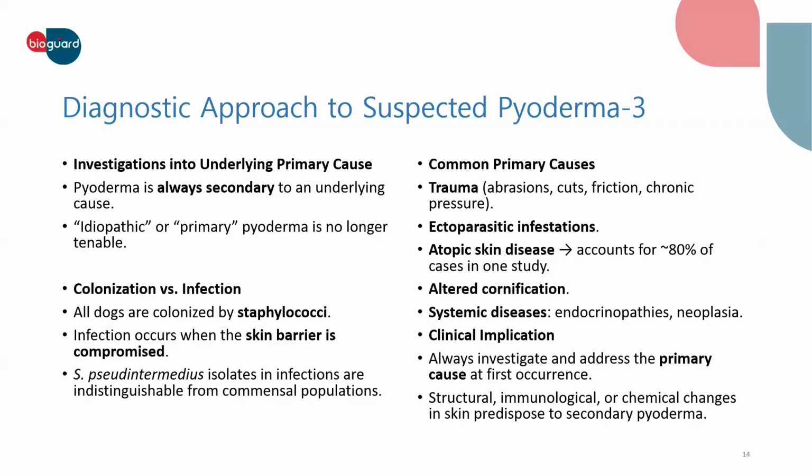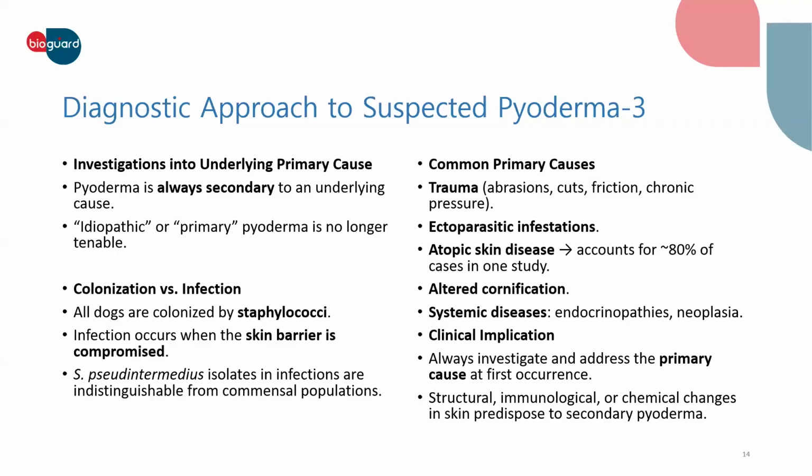And for the diagnostic approach for pyoderma, the investigation into the underlying primary cause is usually important, because pyoderma is always secondary to an underlying cause. So the concept of primary pyoderma is no longer tenable.